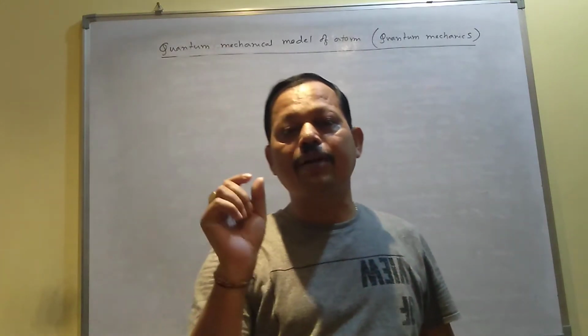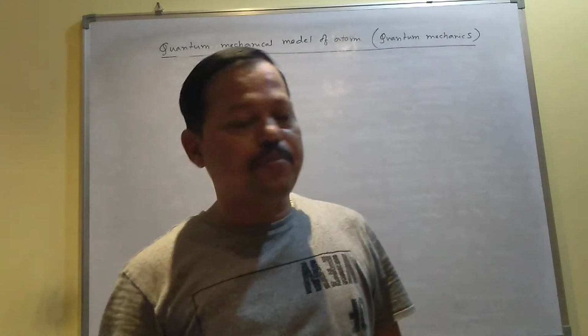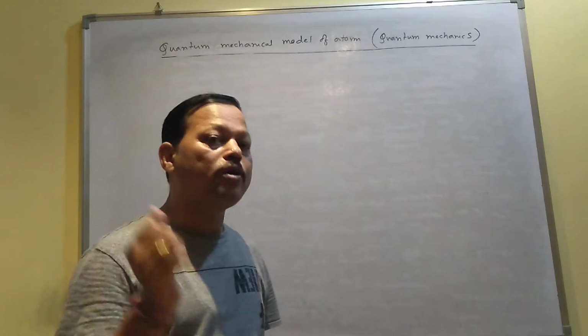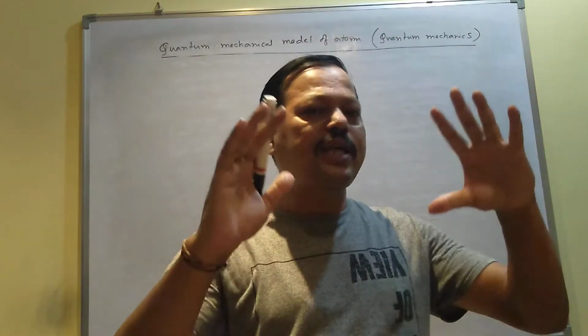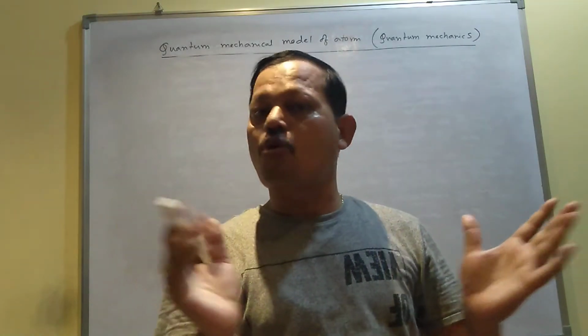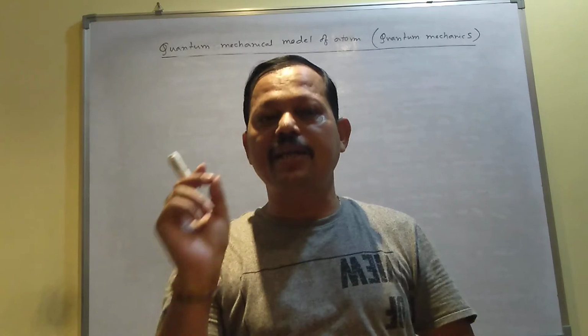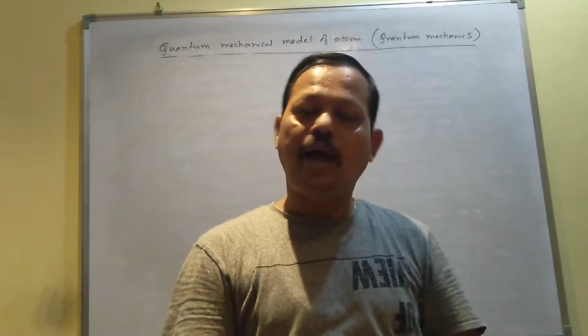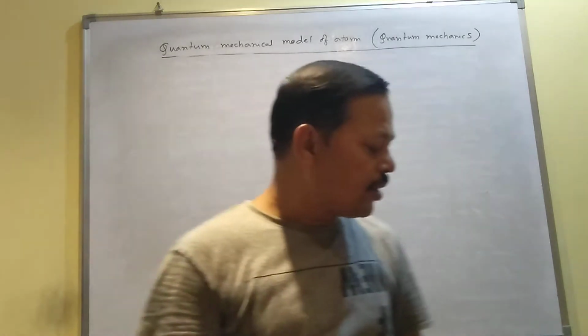Everything you will get from the concept of quantum numbers. So first, what are quantum numbers? Quantum numbers are a set of 4 numbers from which you will get the complete information about the electrons present inside the atom.